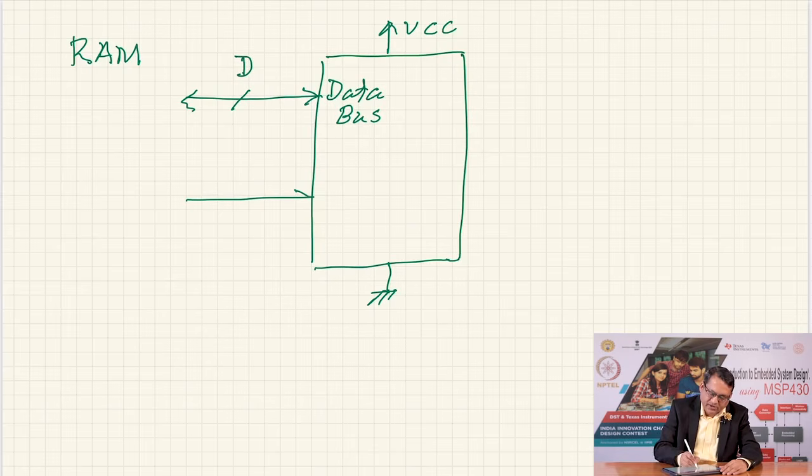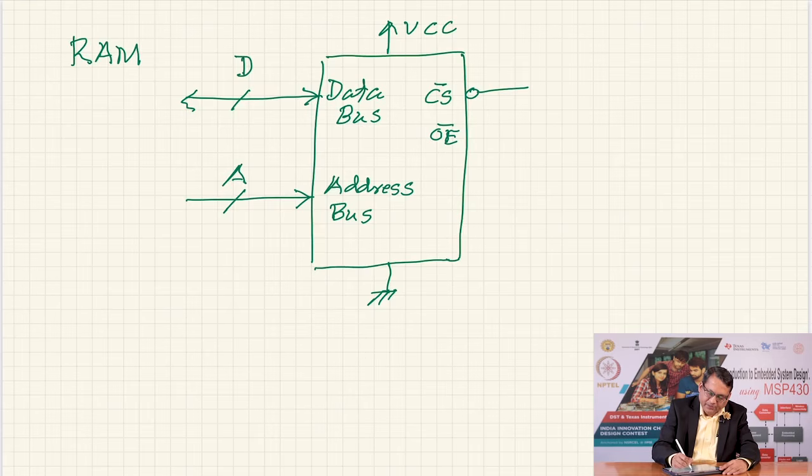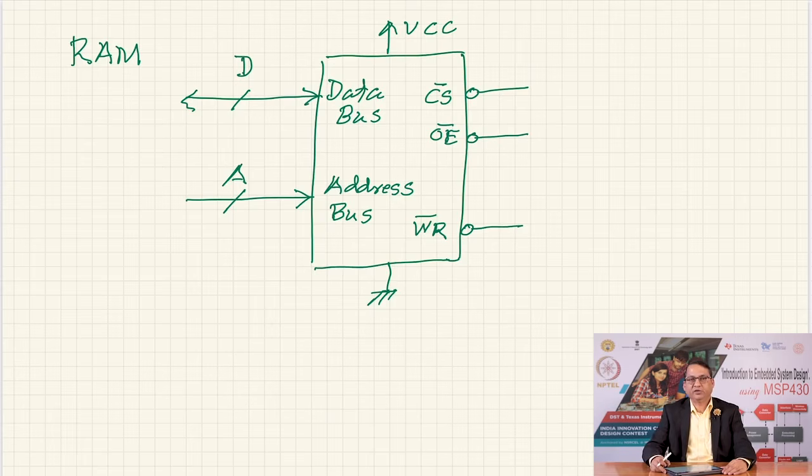The address bus is unidirectional, and this may have a number of address lines, and it also requires control signals, again a chip select, an output enable signal. Till now it is identical to a ROM device, but now because you want to be able to write data into this, you have an additional signal which I will call write bar, and this is also an active low signal.